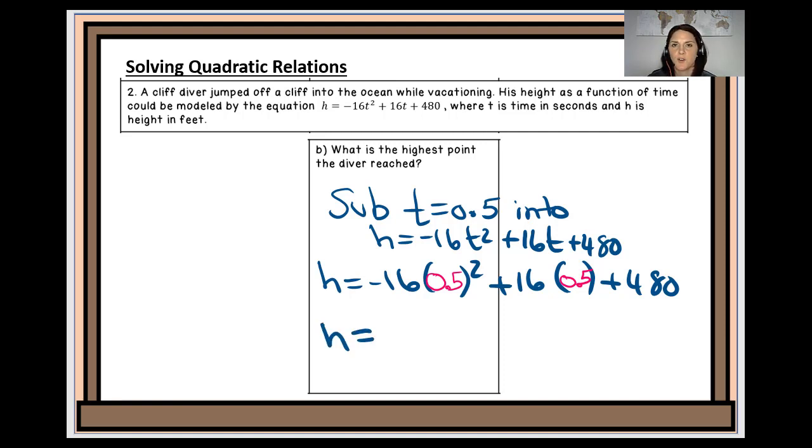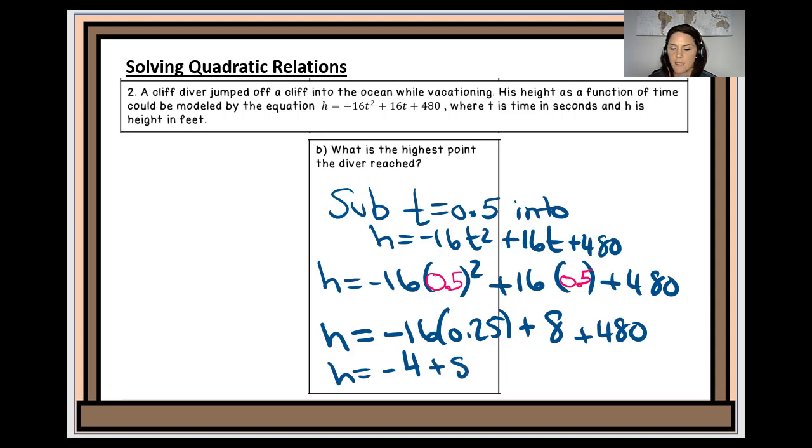So when I sub in 0.5 squared, so negative 16, so 0.5 squared is a quarter, or 0.25, plus 16 times a half is 8, plus 480. So h is equal to negative 16 times a quarter is negative 4, plus 8, plus 480.